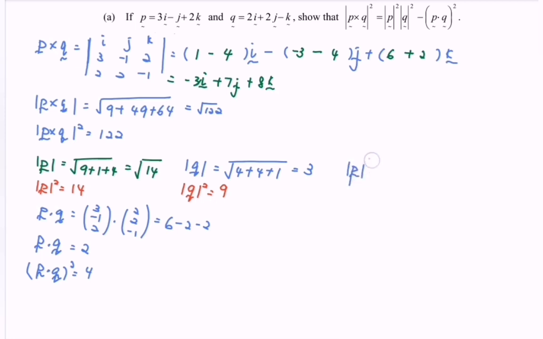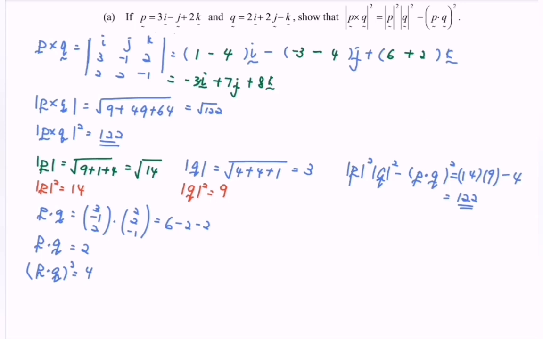magnitude of vector P squared multiplied by the magnitude of Q squared minus P dot Q in brackets squared. So we will have 14 multiplied by 9 minus 4. So by referring to the calculator, we have 122. So notice that we have the same value.